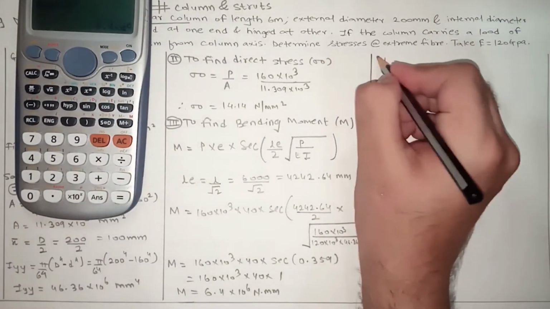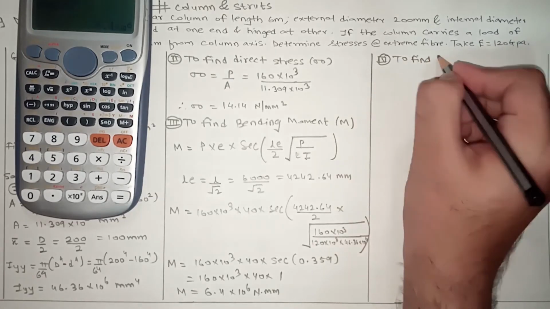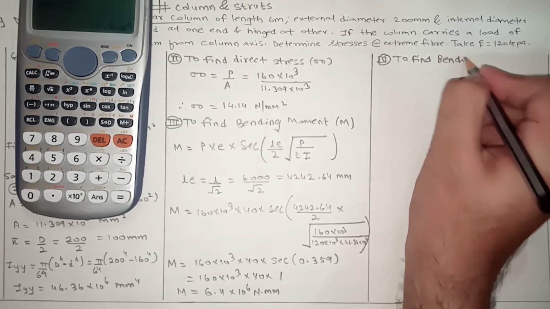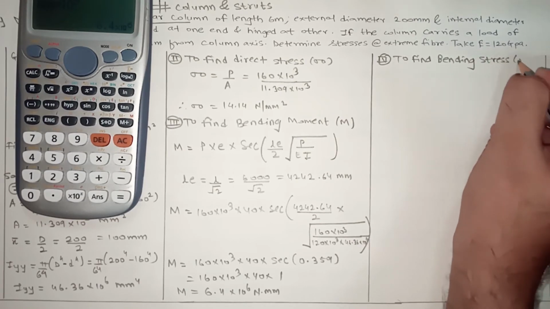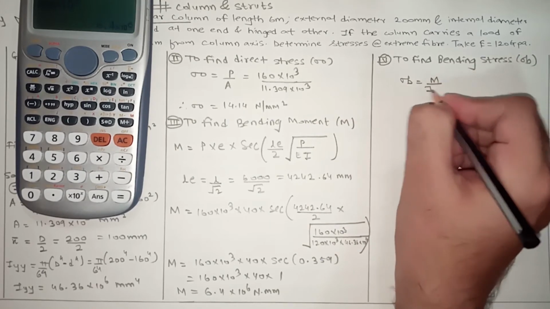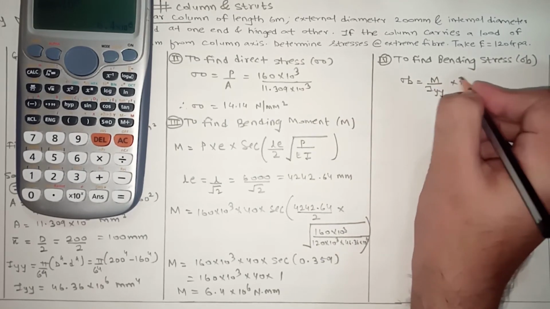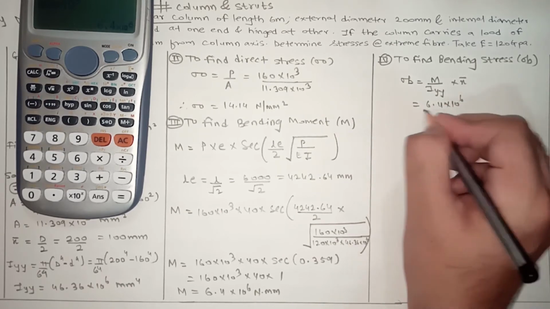Now the next step, number 4, was to find bending stress, sigma b. So the formula for sigma b is M upon Iyy into x bar. M is 6.4 into 10 raised to 6.